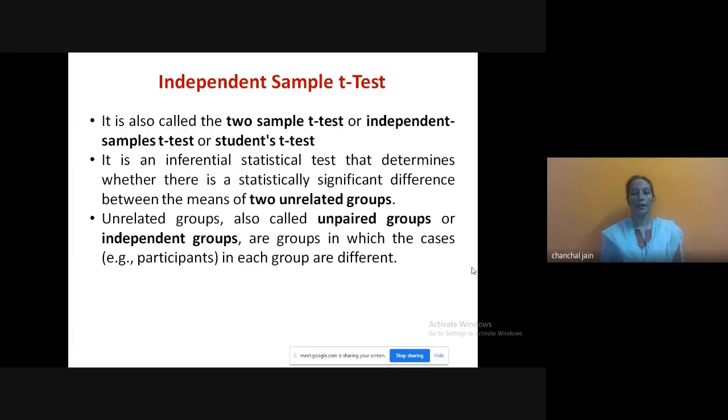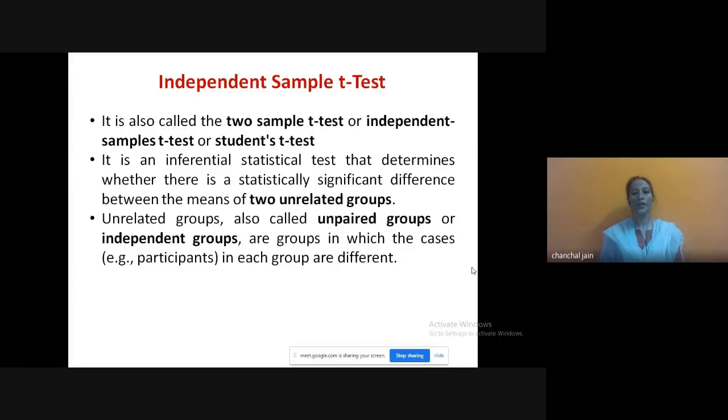The other name for the independent sample t-test is the two sample t-test, or you can say it's a student's t-test. It is basically inferential statistics, as we discussed on the second day of the FDP about descriptive statistics. Statistics has two categories: descriptive statistics and inferential statistics.